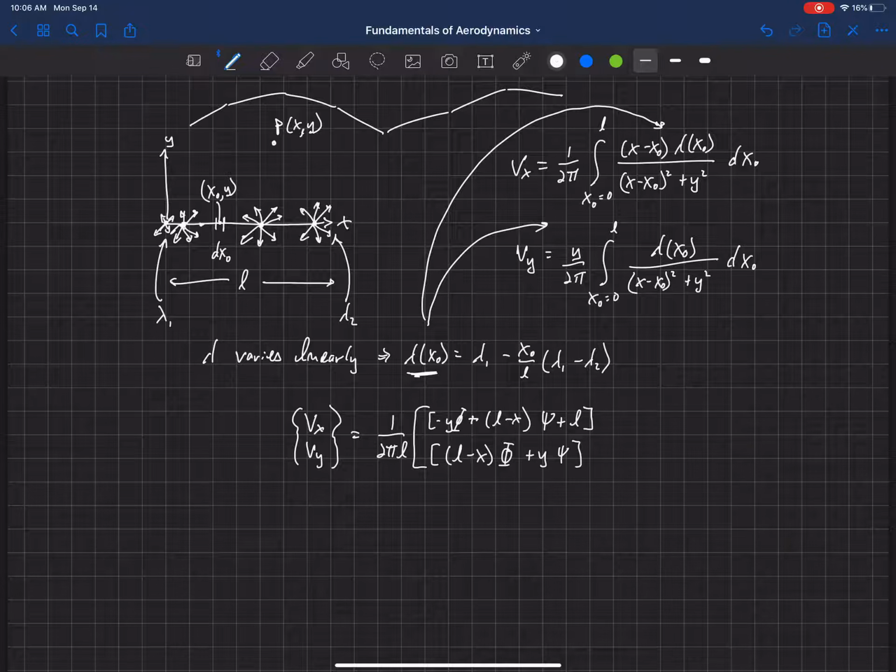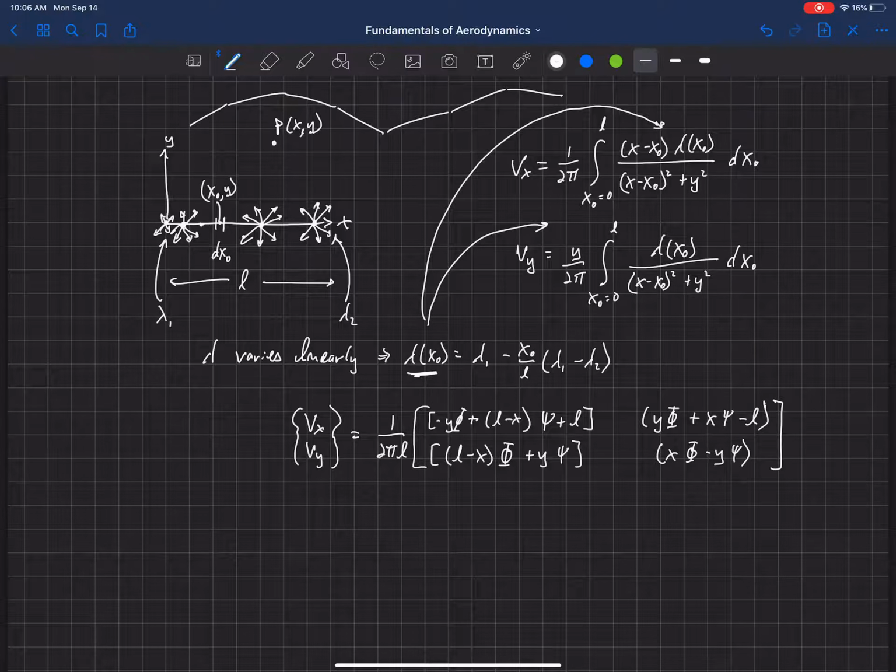Then over here we have y capital phi plus x capital psi minus L, and bottom right we have x capital phi minus y capital psi.